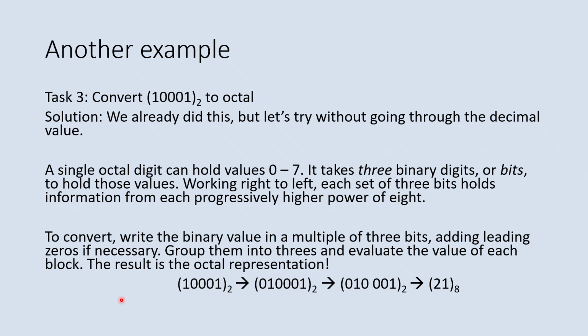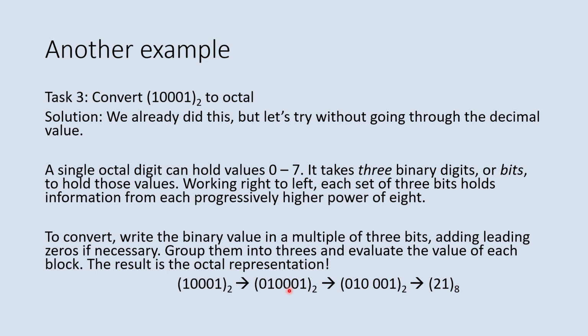So what would we do? We would take this 5-bit value, put a leading 0 so that there are 6 values, spacing them apart, a group of 3 on the right and a group of 3 on the left. The group of 3 on the right corresponds to the value 1, and then 0, 1, 0 corresponds to the number 2, and so we see that this number that we started with in binary, which we knew was 17, corresponds to this number 2, 1 in octal, which also is 17.